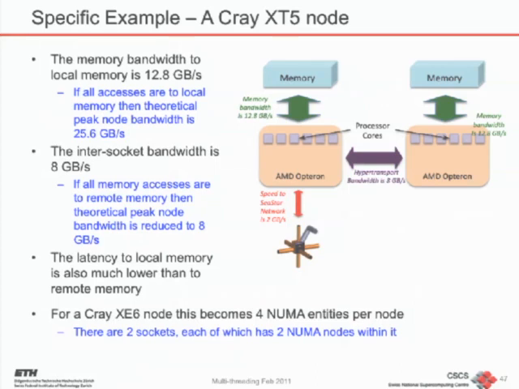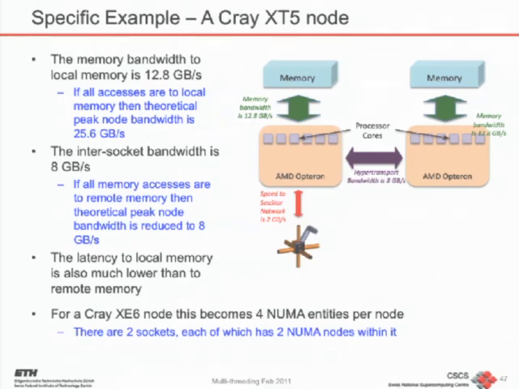Now for a Cray XE6 node, the diagram Roberto put up earlier, actually this becomes 4 NUMA entities per node. Yes, we have 2 sockets, 2 of these Magny-Cours, but each one of those, what AMD have effectively done is take 2 of these Istanbuls and effectively glue them together onto one socket. Okay, 2 dies.